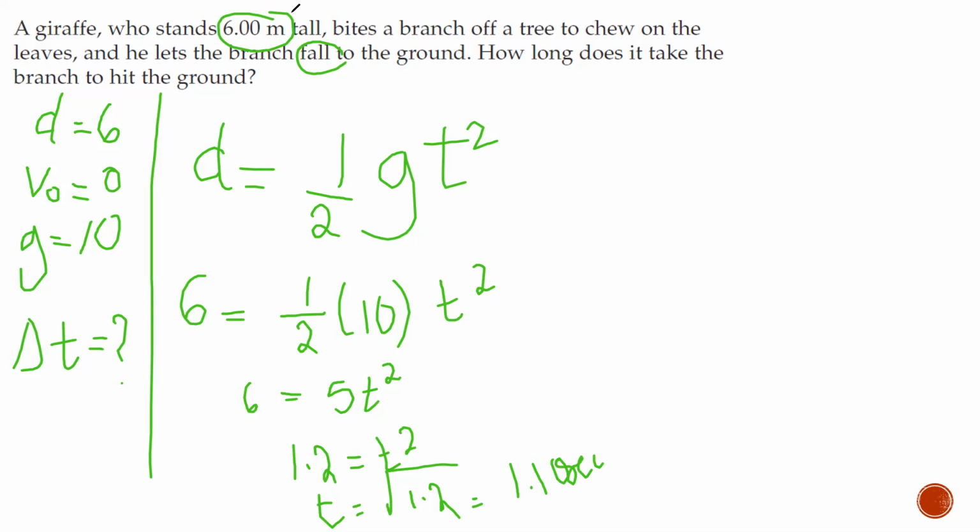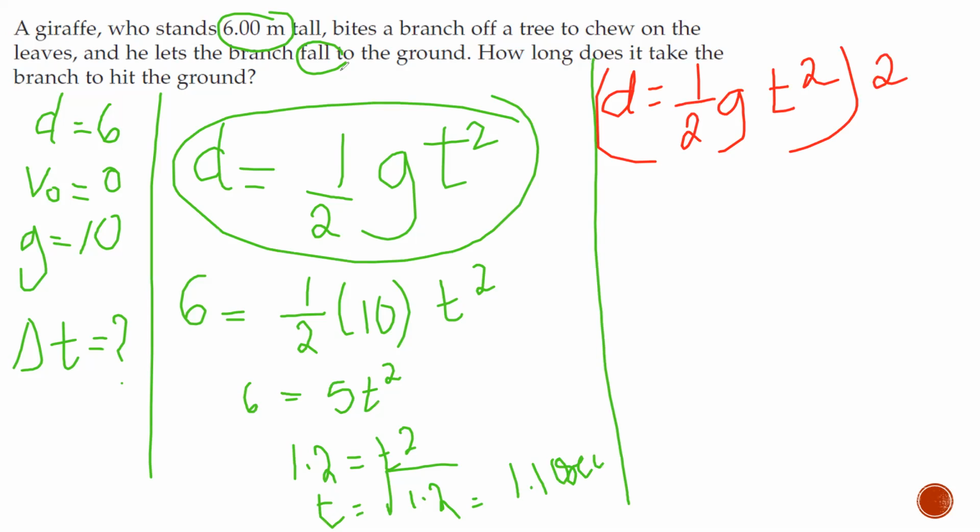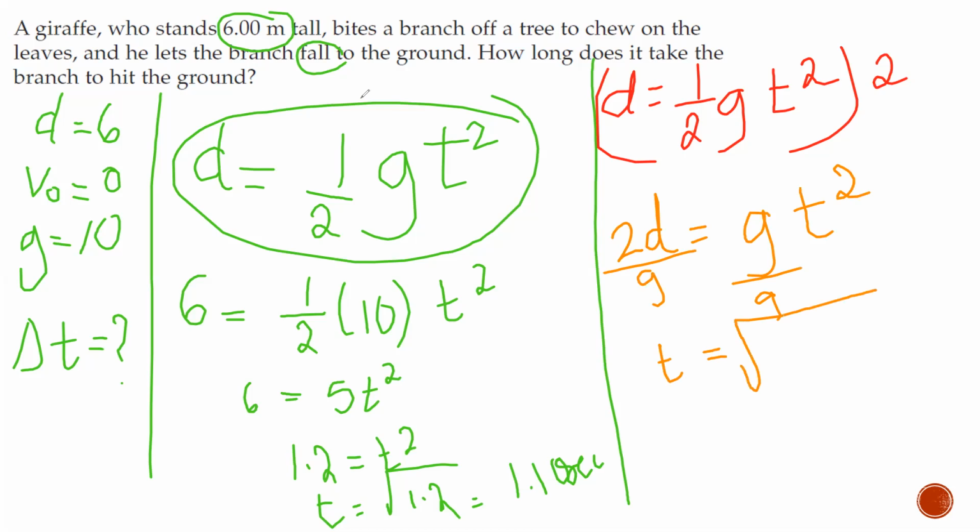Sometimes now you can make a new formula for finding T. Since D is half GT squared, by multiplying both sides by 2 you will get 2D equals GT squared. Divide by G, so T squared, or T, will be the square root of 2D over G.